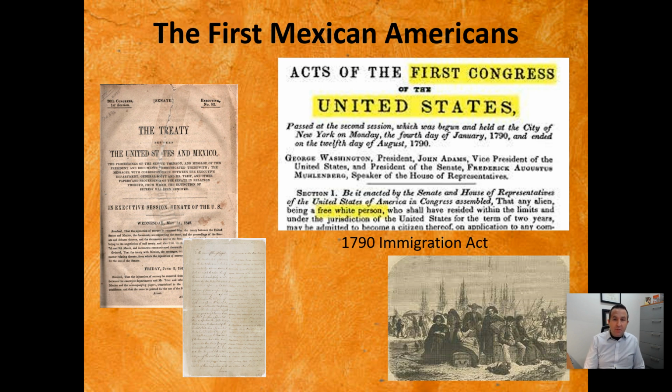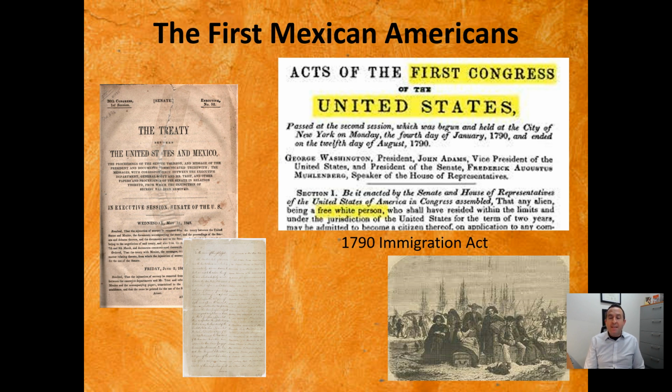Now, this was all in theory. In practice, it was obviously only white, but also you had to be male, because women were not eligible for citizenship at that point. So you must be male. You most often needed to be a property owner. So if you're a woman, you're non-white, you're an indentured servant, you're enslaved, you're African American, you cannot be a citizen.